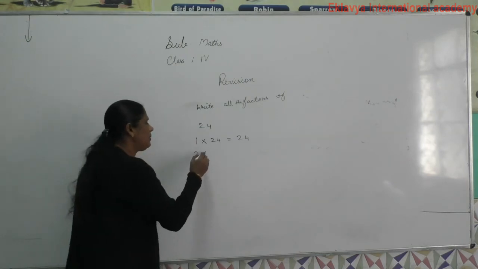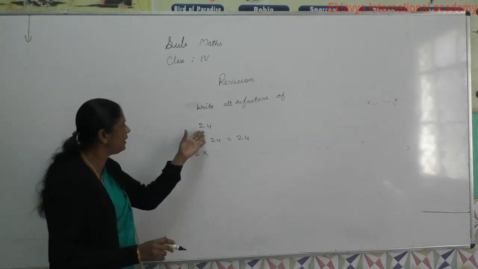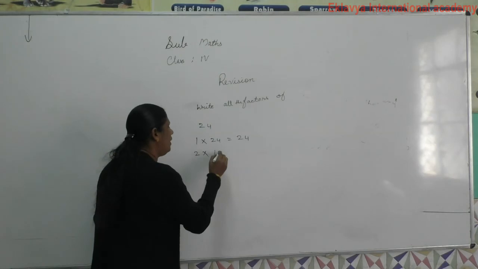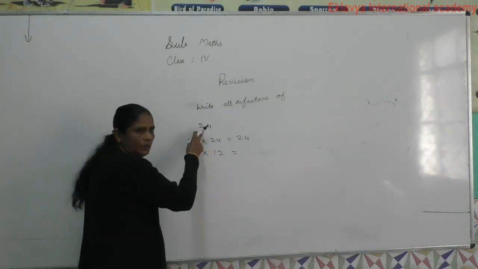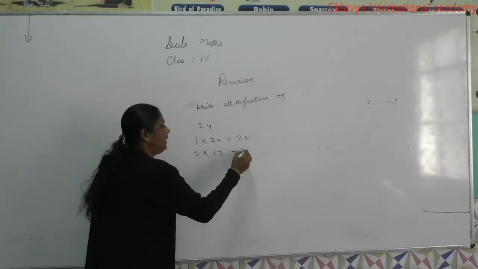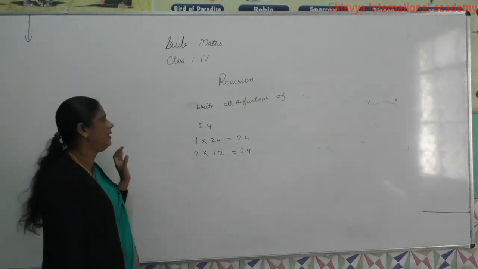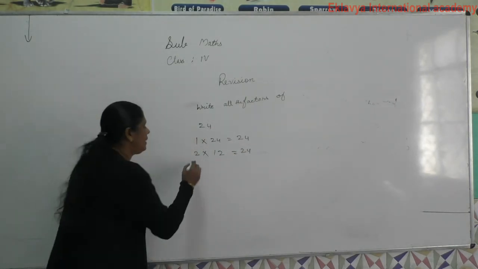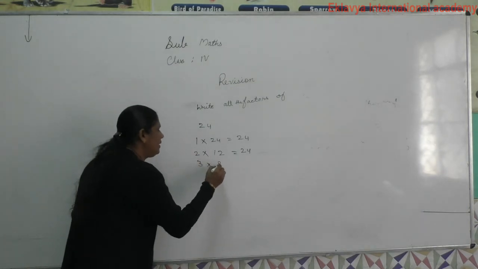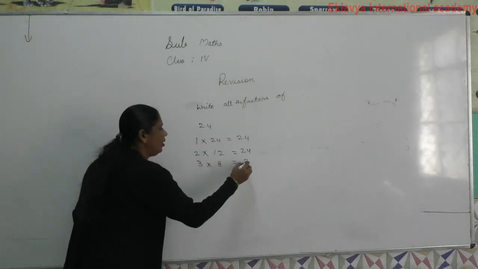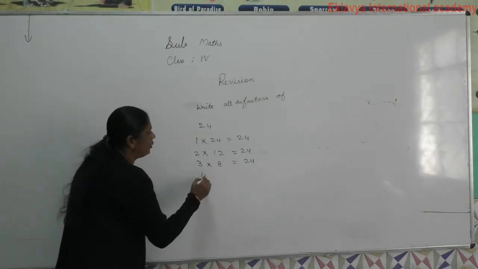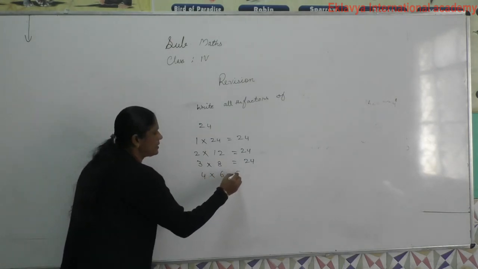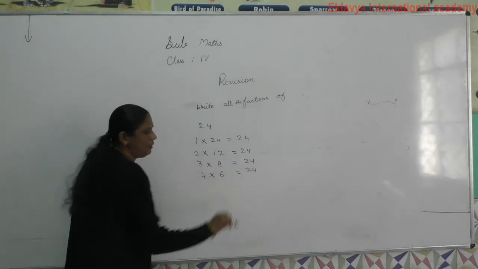Then how many times do you divide in the rough notebook? 12. 2 and 12 are the factors of 24. Again next 3. You say that 3 and 8 are the factors of 24. Next 4 and 6 are the factors of 24.